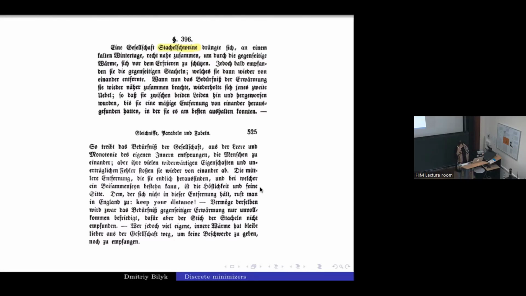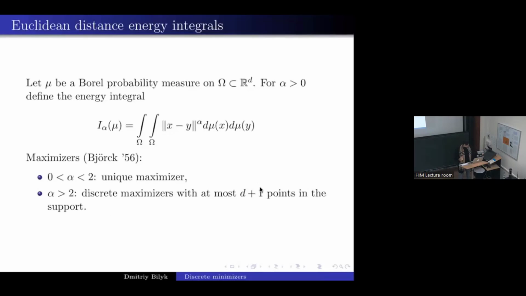So let me tell you about some results on attractive-repulsive energies. But before I do it, let me remind you of this result by Björck. This was on compact domains, and it said that if the repulsion has order greater than 2, then you have discrete minimizers. Okay. So this is from '56.